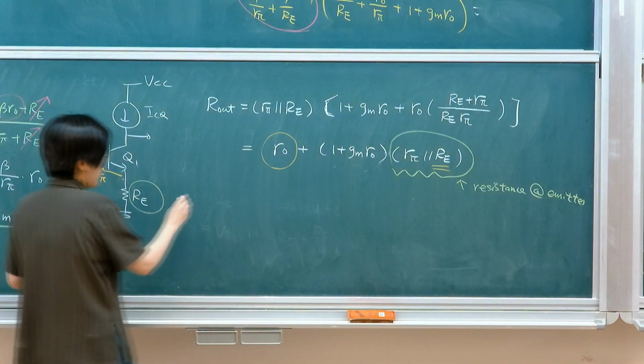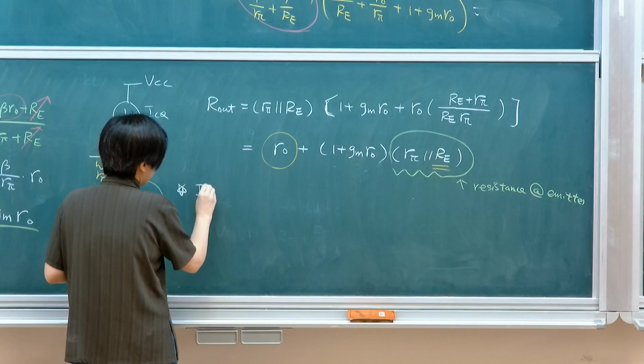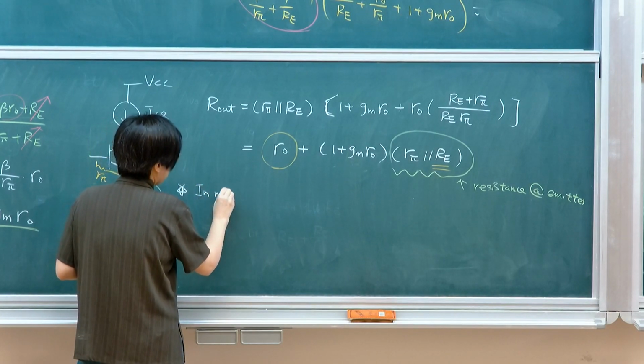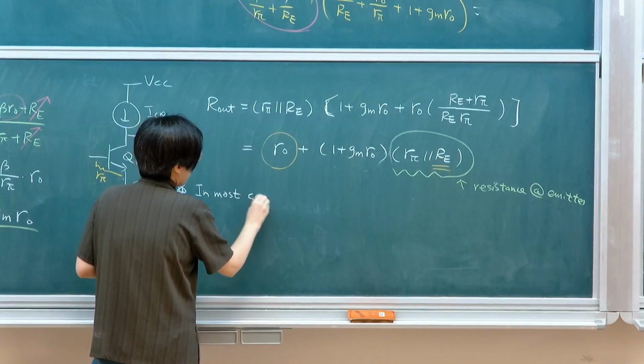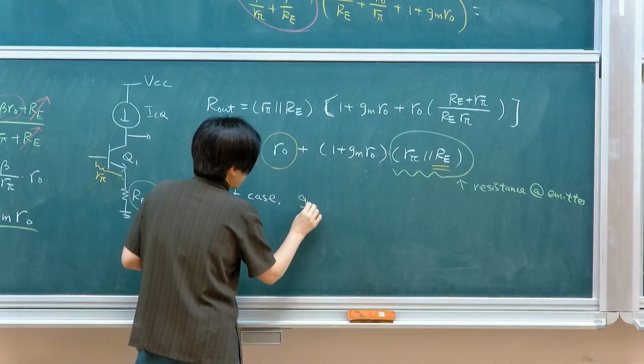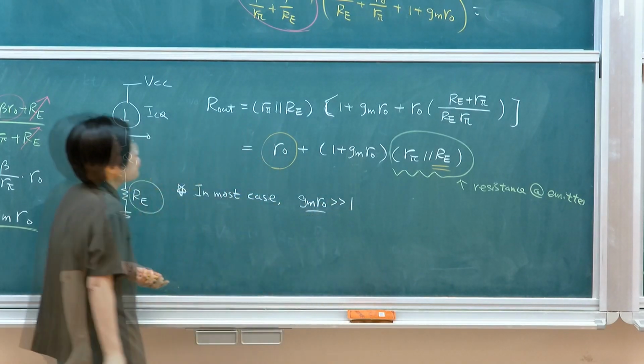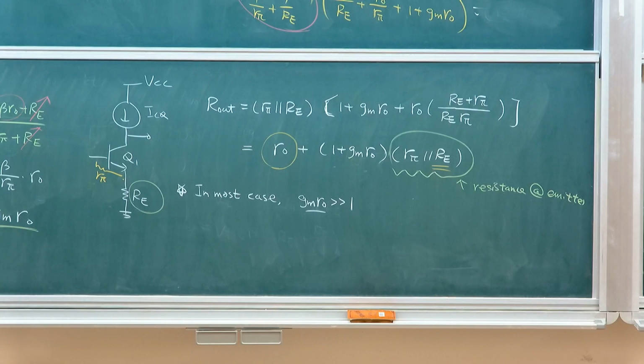It will suggest that there are various special cases, but in most cases, as I said, GMRO is much, much larger than 1. What's GMRO? GMRO is VA divided by VT.